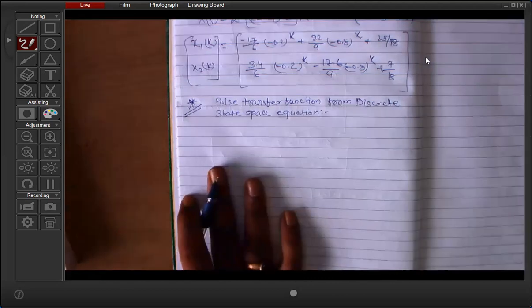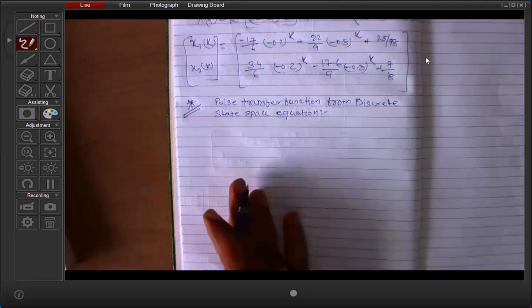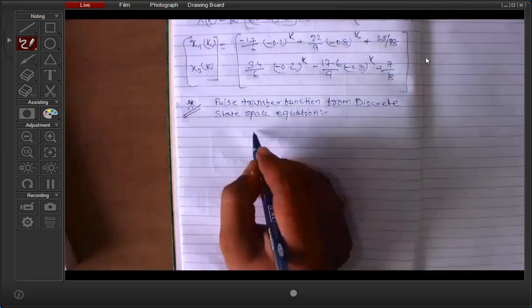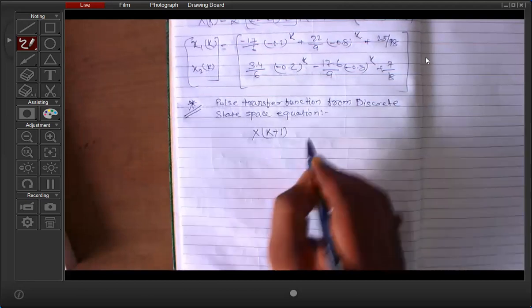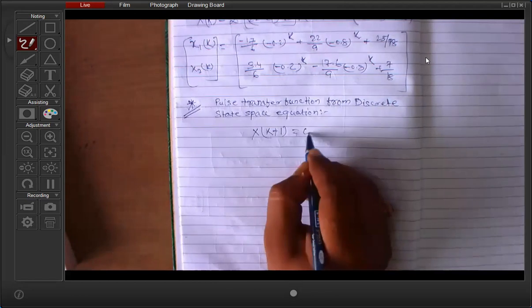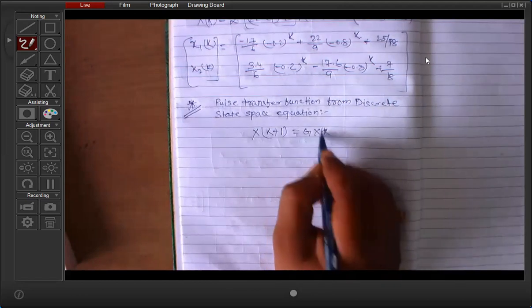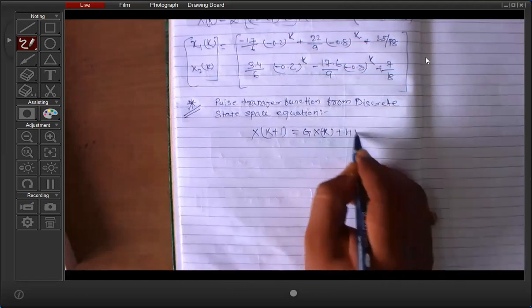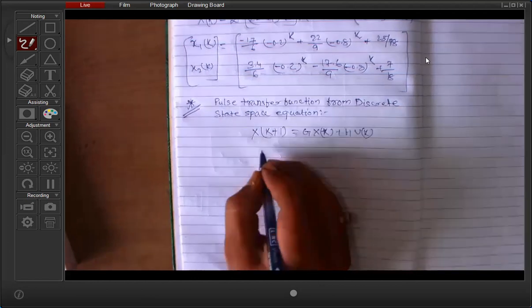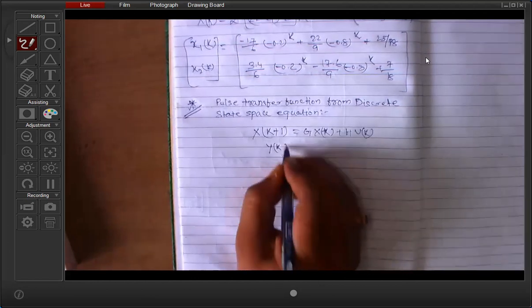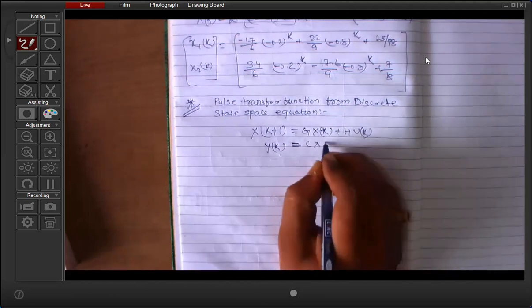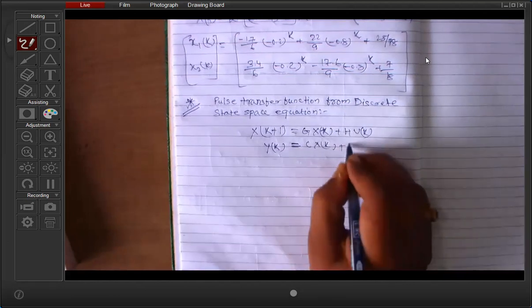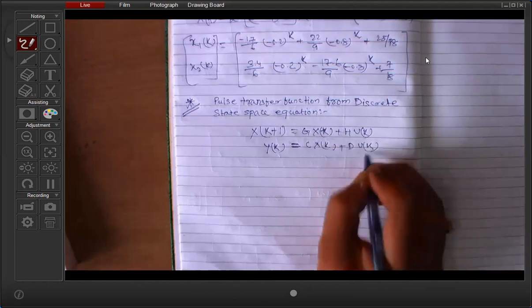SS to TF means you know the state space equation in discrete time: x(k+1) is equal to G x(k) plus H u(k), and the output equation is equal to C x(k) plus D u(k). Okay.